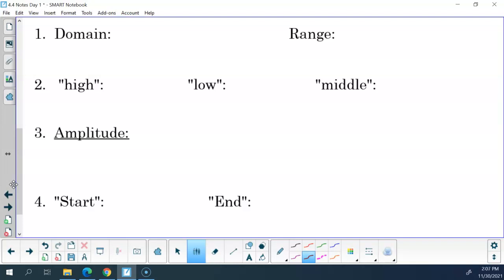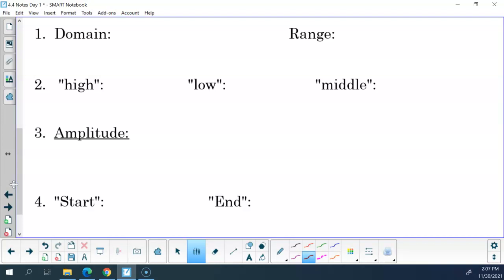Is there any angle that I can't put into the function? Like, did you find a spot where you were dividing by 0? No, right?